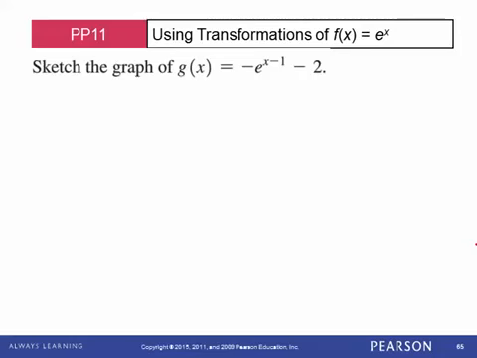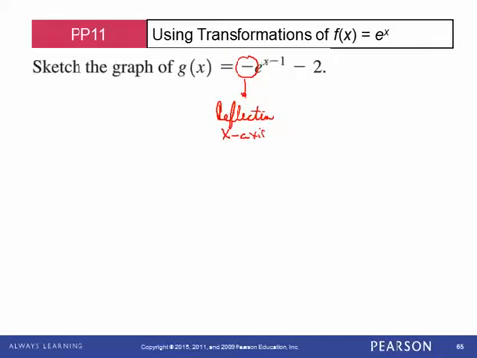Alright, so let's think about the transformations first here. What's this guy going to do? It's a reflection, but about what? Remember we talked about the y-axis as being the negative, right?